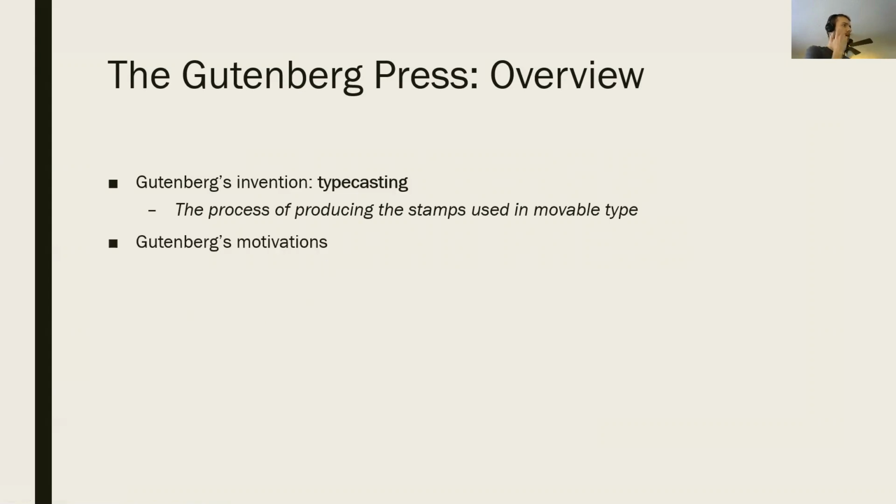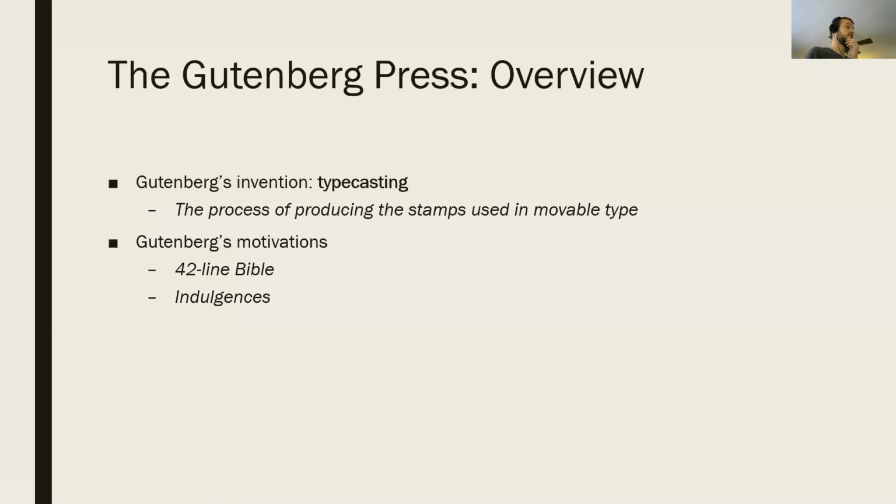And so Gutenberg had multiple motivations for developing his printing press, and these are things that we should be aware of when we're discussing his invention. One of which was the development of a printed Bible, the first of its kind. One of his most famous projects was the 42-line Bible.